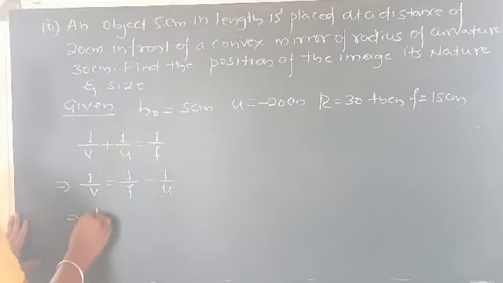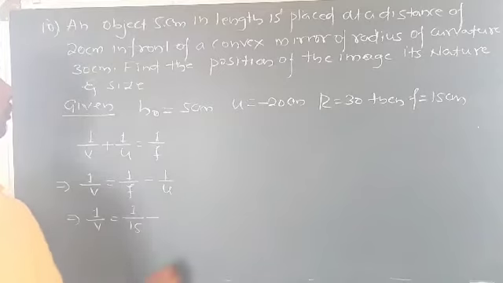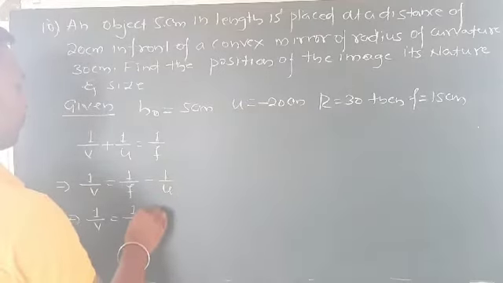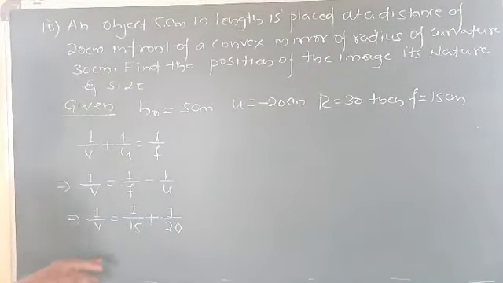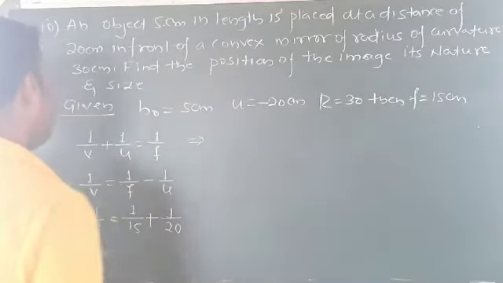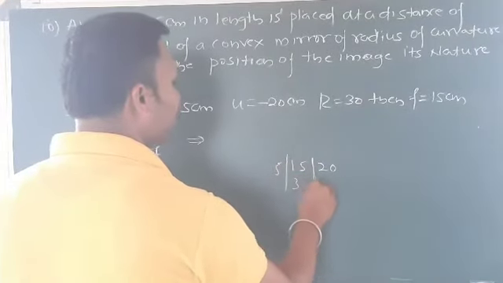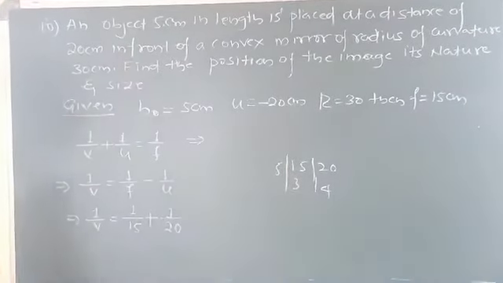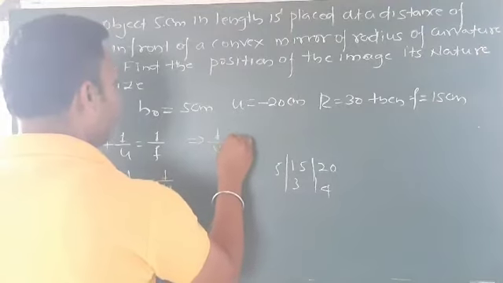So 1 by v is equal to, substituting the values, f is 1 by 15 minus 1 by u, u we have minus, and this minus I'll take as plus, so 1 by 20. Next step, the LCM of 15 and 20: 5 3s are 15, 5 4s are 20, 3 4s are 12, 12 5s are 60.